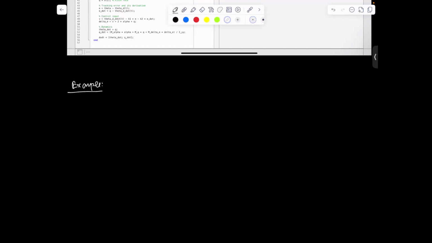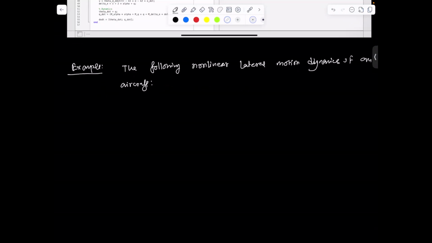So let us consider the following nonlinear lateral motion dynamics of an aircraft given as beta dot. These are the states involved in the lateral motion dynamics.